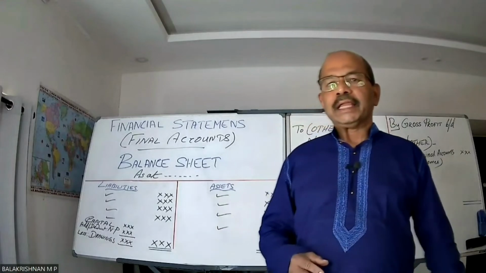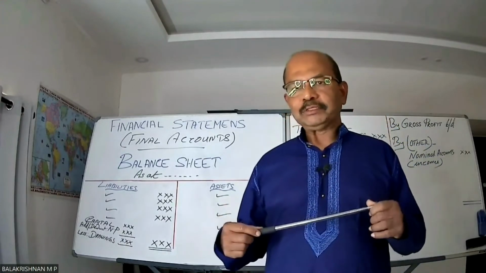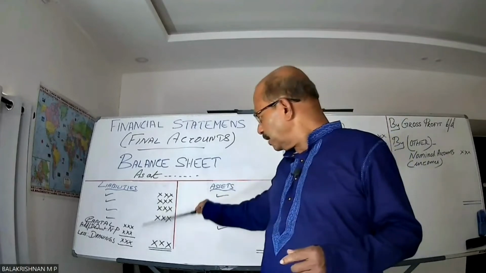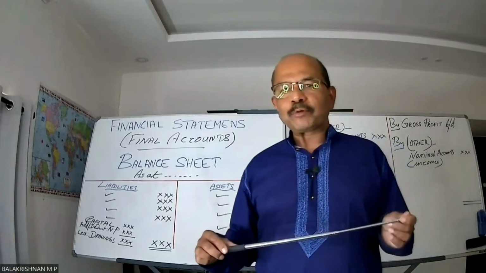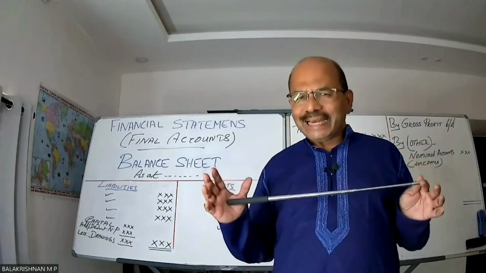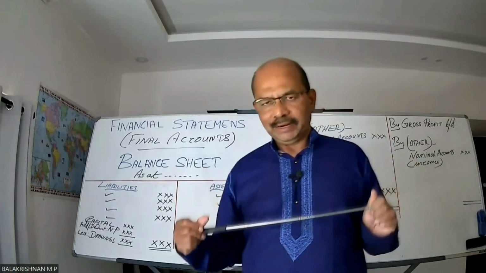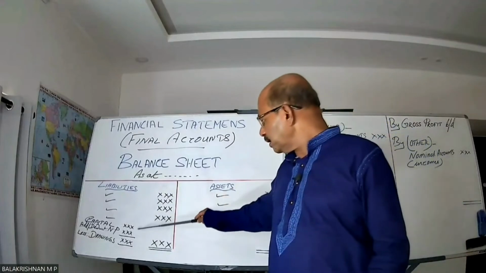Okay. Capital, which we know is a credit personal account, will be shown like this, as at the end date, along with the net profit and drawings. And the drawings, although a debit item of the trial balance, will be deducted from the capital.